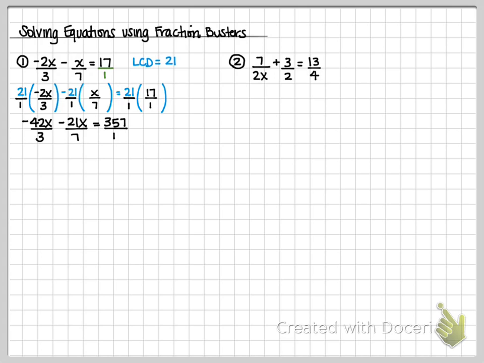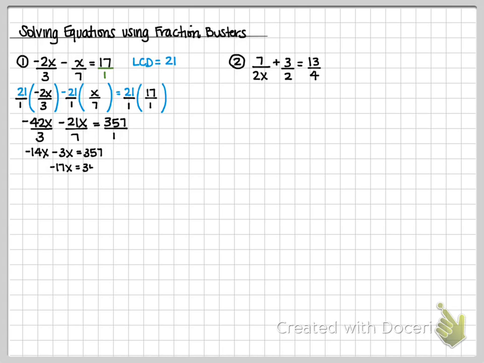Now, I know it still looks like we have fractions, but if we divide, these all go in evenly now. So this is going to give me a negative 14x minus, dividing those, a 3x, and then I know that 1 goes into 357 one time. Combine like terms here. Notice that the fractions have disappeared.